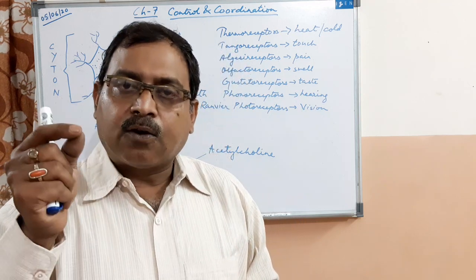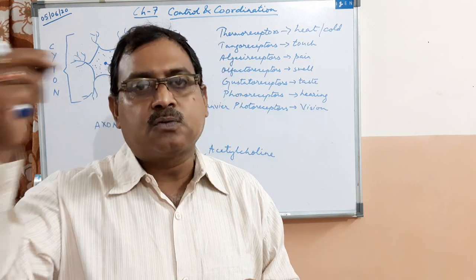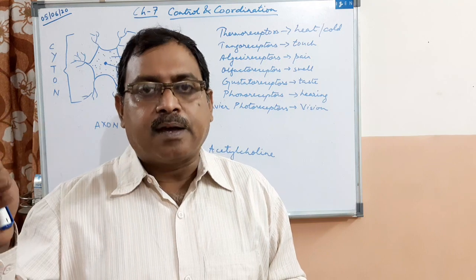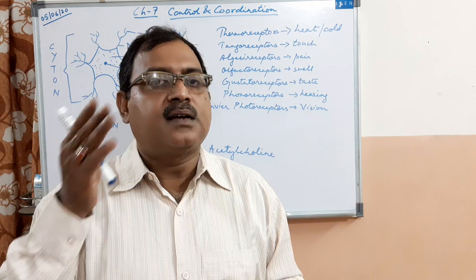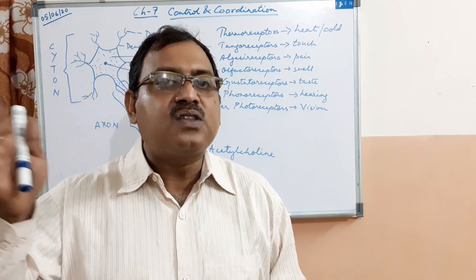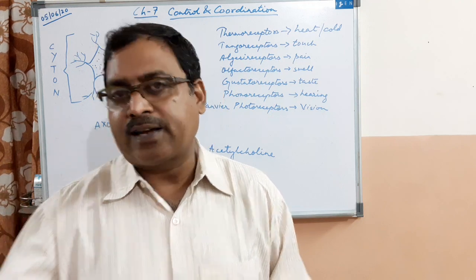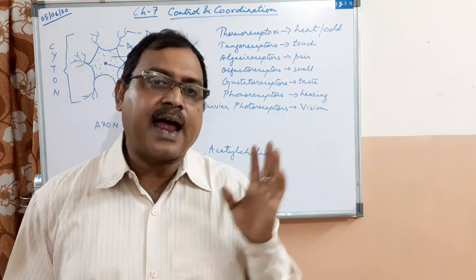There the chemical acetylcholine gets released, and the nerve impulse passes to the dendrite of the next neuron. In this way, the message sent by the spinal cord or the brain proceeds further till it reaches an effector organ, which is either a muscle or a gland.